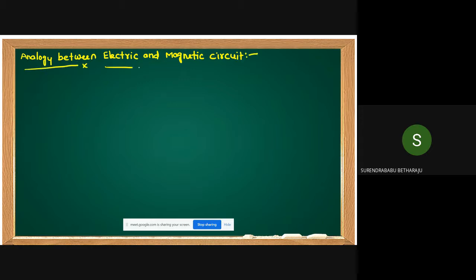This minimum knowledge, the fundamentals, you already know. On one side you can write electric circuit, and on the other side you write magnetic circuit.